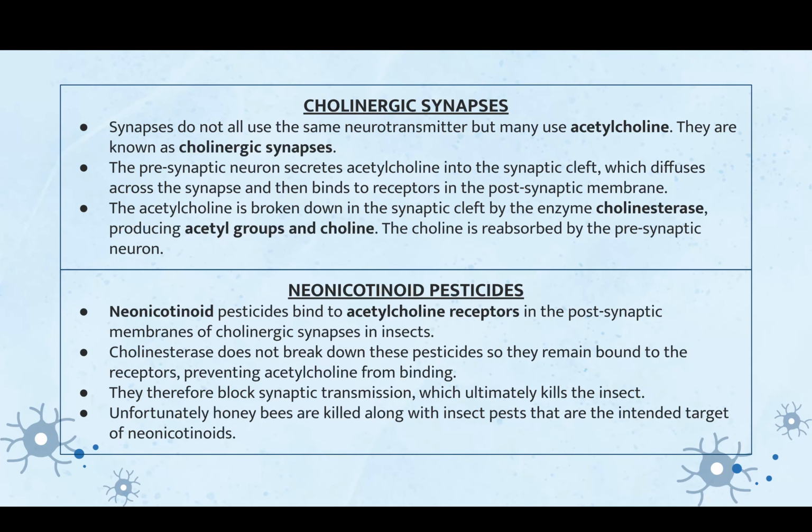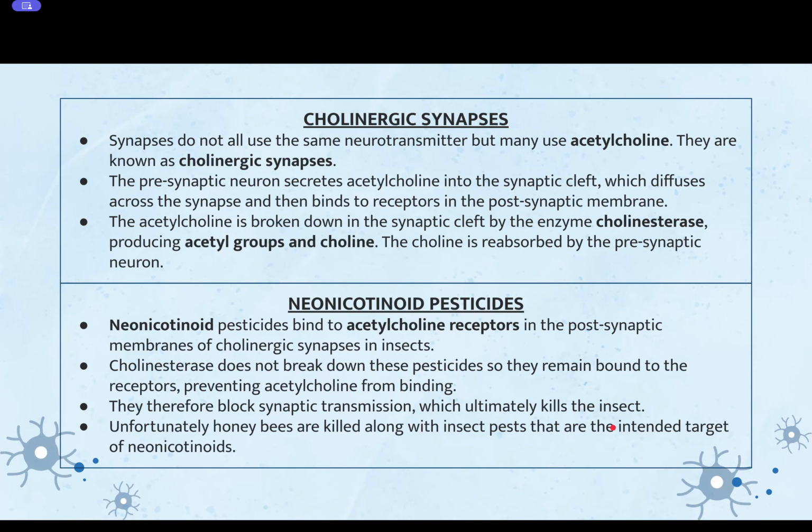Anyway, before we talk about resting potential and action potential and all of that fun stuff, firstly we need to know about cholinergic synapses. Not all synapses use the same neurotransmitter, but many of them use acetylcholine.